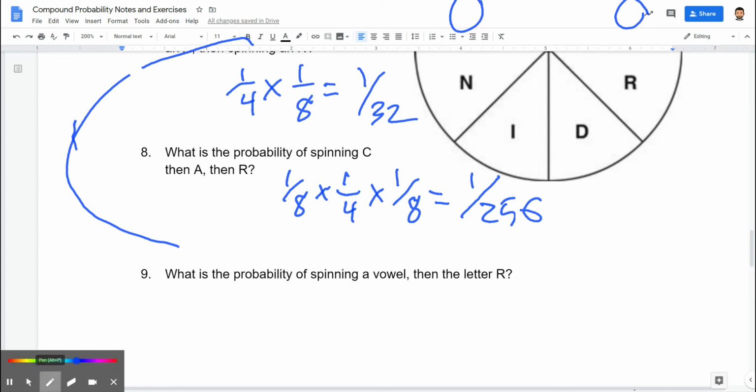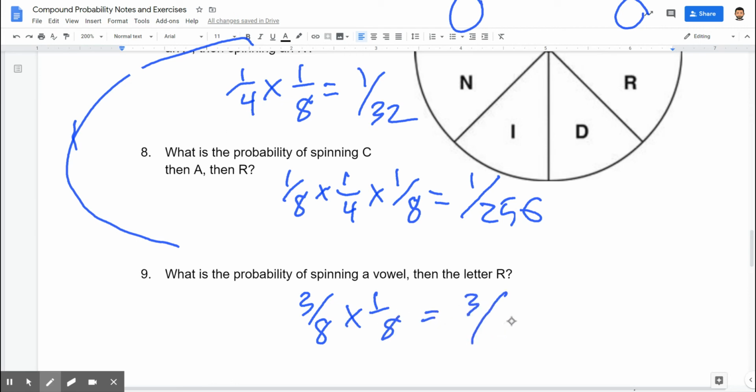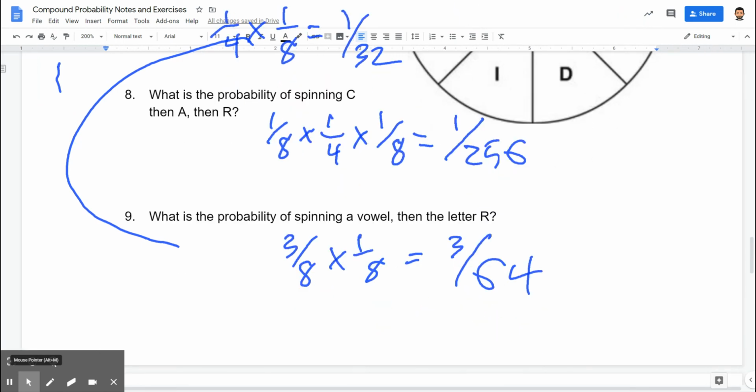So this is going to be 3 out of 8 times 1 out of 8, which is going to be 3 cases out of 64 total possibilities. So that's how that one works. The first one where I had something other than a 1 in the numerator, but that's definitely a possibility, particularly when you have more than one option of something. It's not always going to reduce. Okay, we're almost done. Next one.